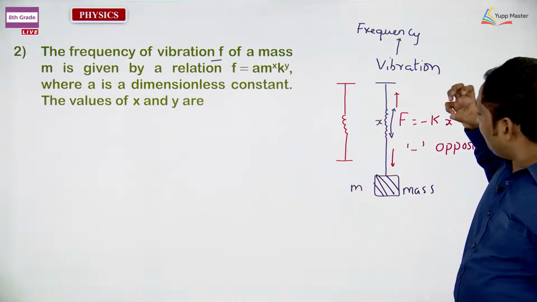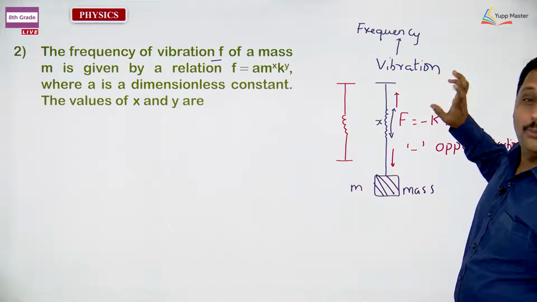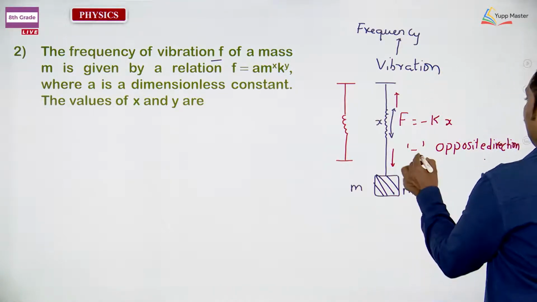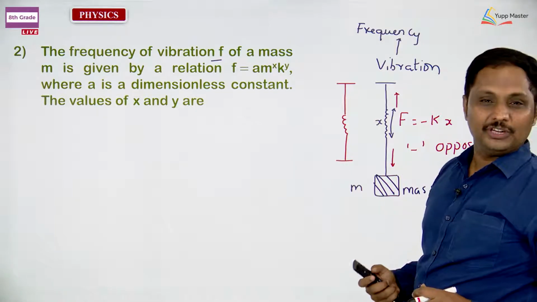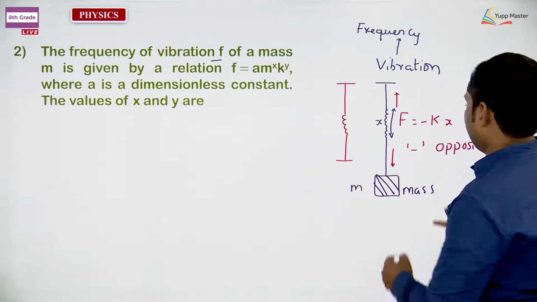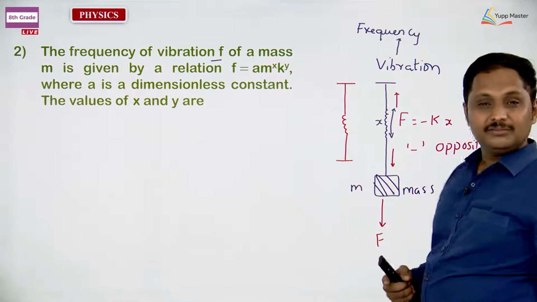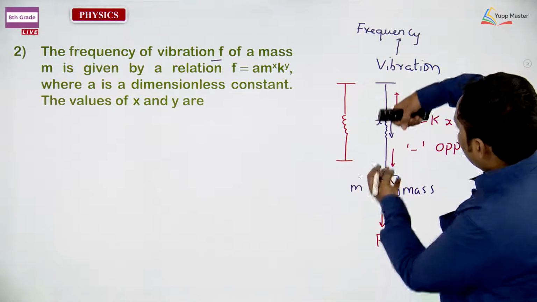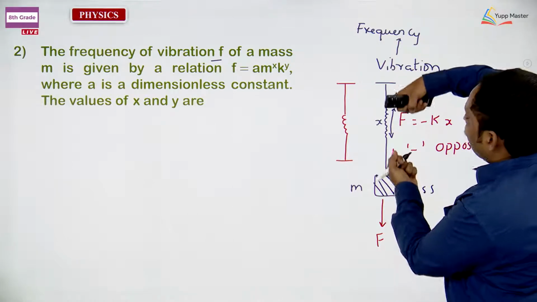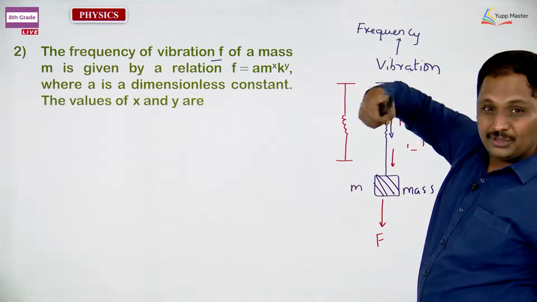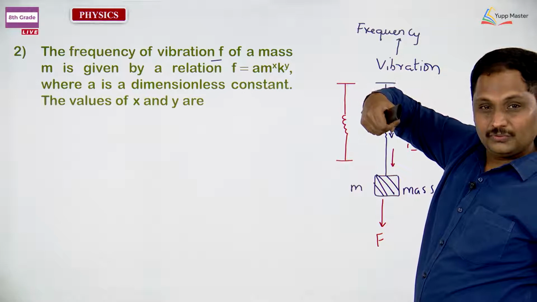So the restoring force is acting in the opposite direction, and the negative sign indicates that opposite direction. Due to the attached mass there exists a restoring force, acting in the opposite direction.